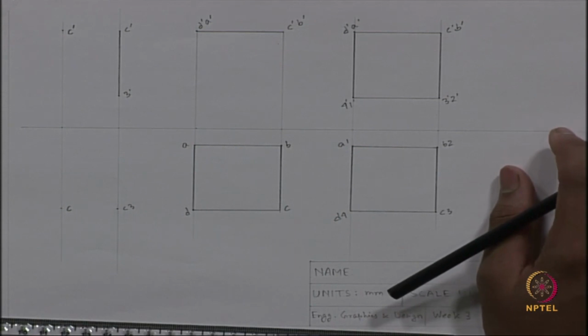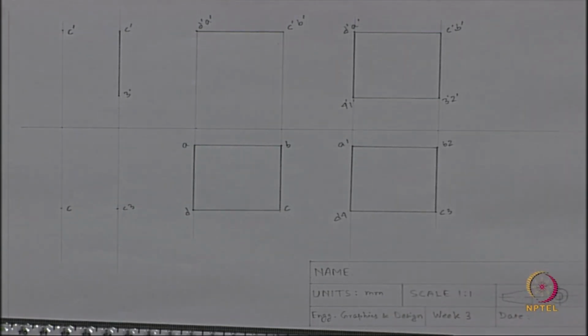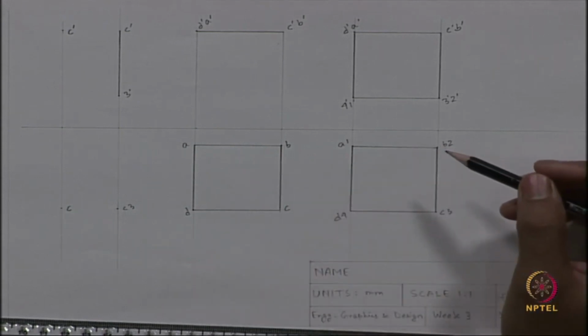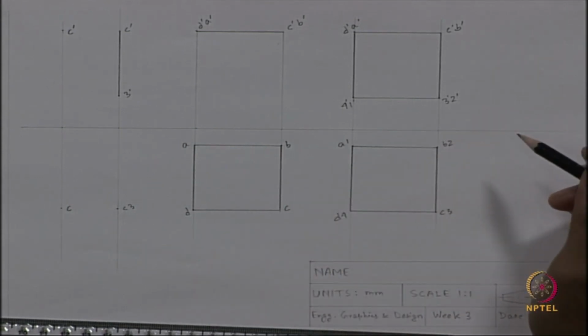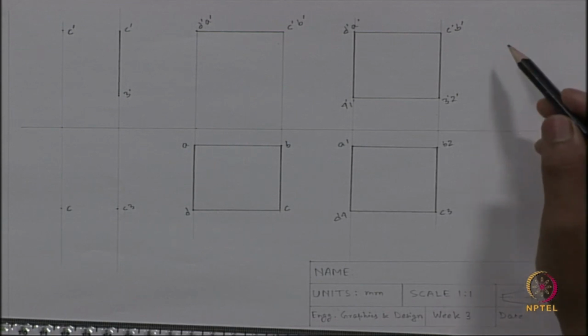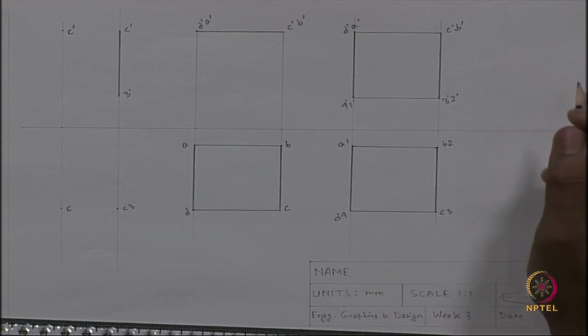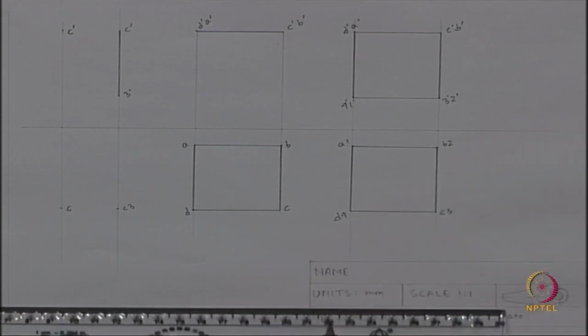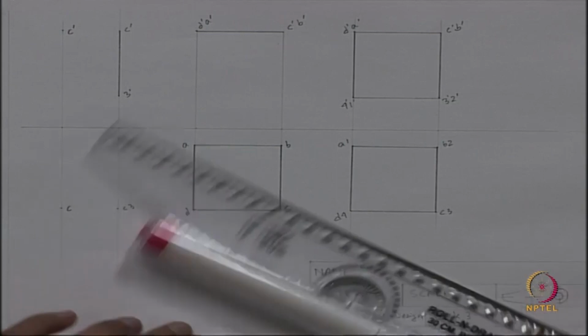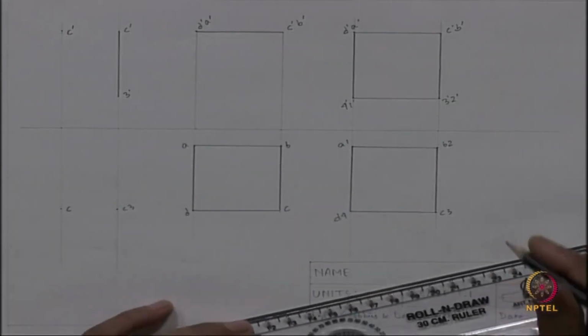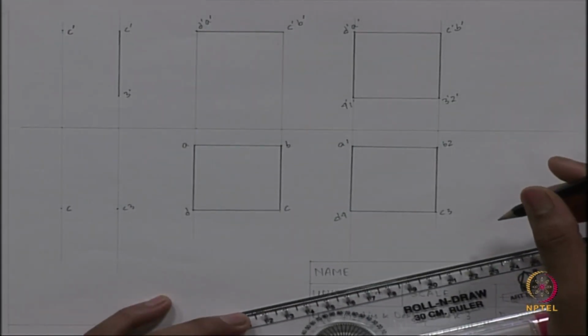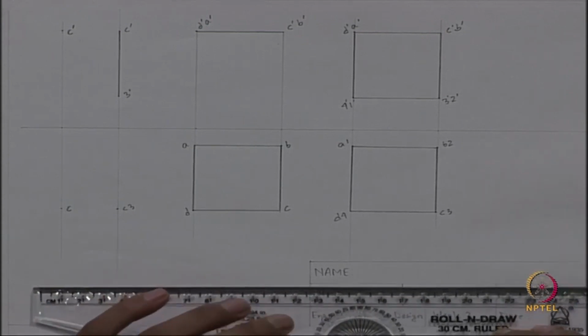So, we are done with the drawing, but another important thing is left, and that is dimensioning. We have to put the dimensions. We have not put the dimensions for any of the cases, but if I put the dimensions in one case, I can represent all 4 questions at a time. While drawing the dimensions, I will again be using the H pencil, as it will be a light line.